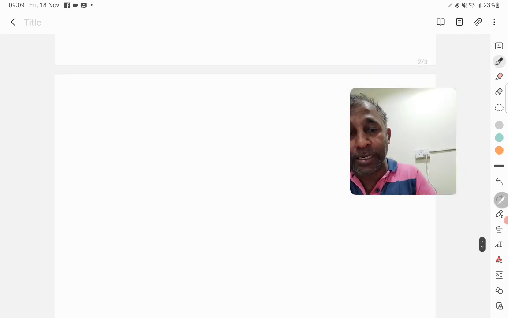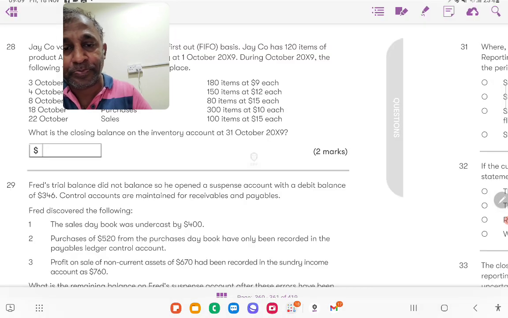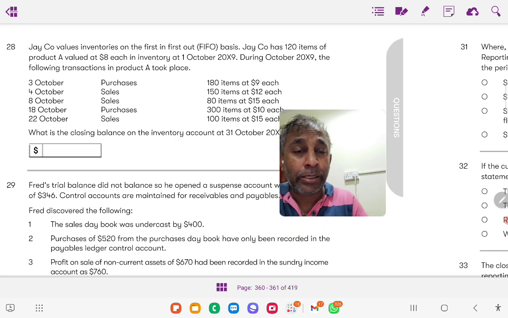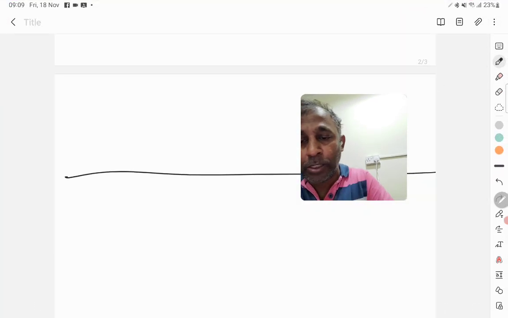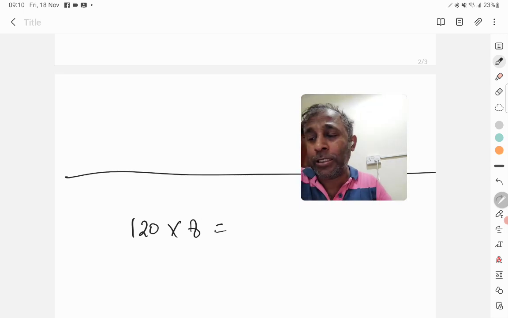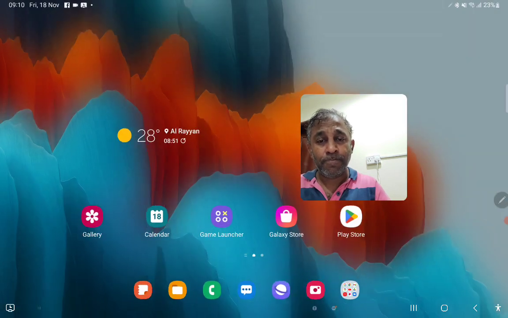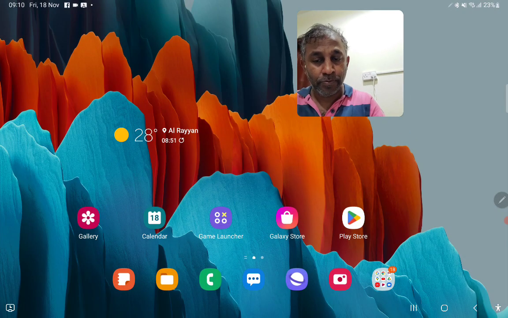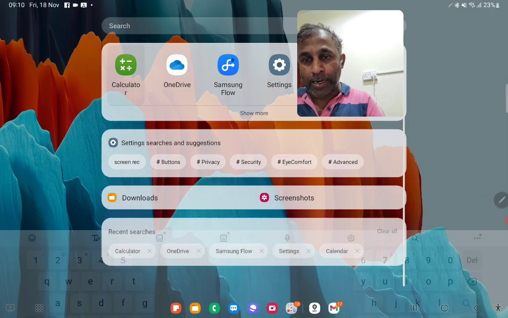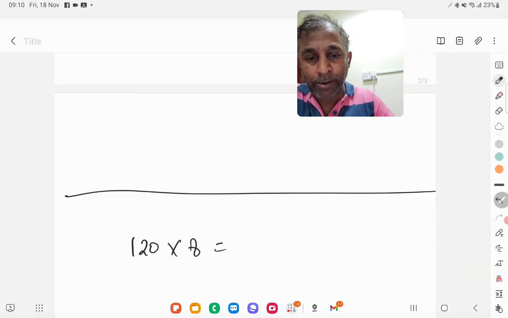So what do you do here? I have the opening balance of 120 units at 8, so 120 into 8. That is, I guess, 960. Let me use the calculator here. Yes, 8 into 120, I'm getting 960.